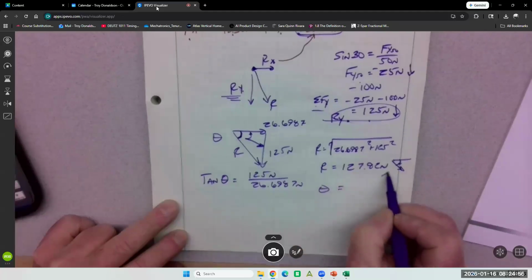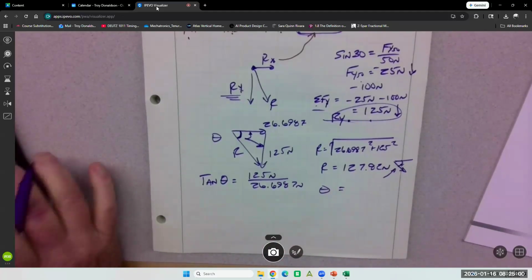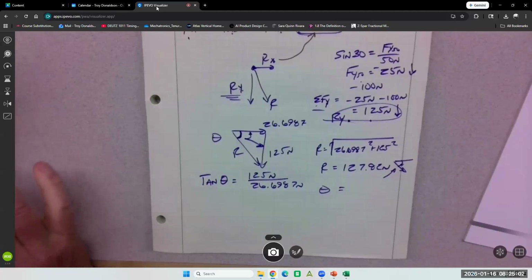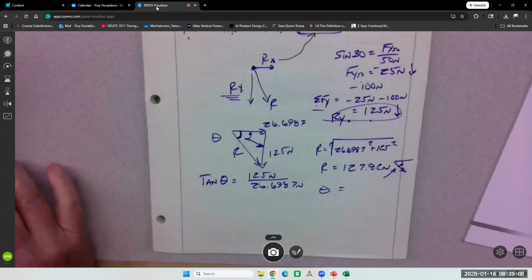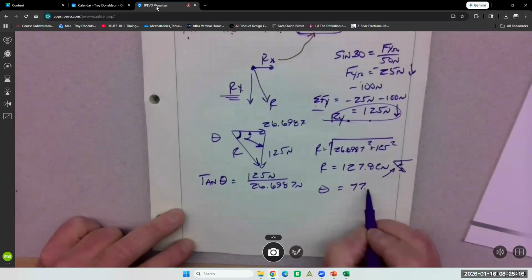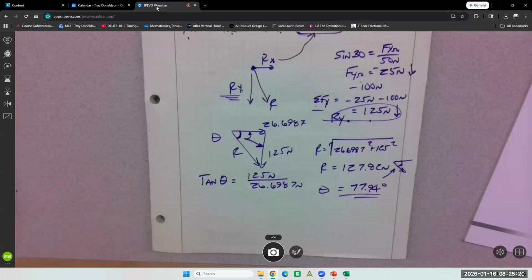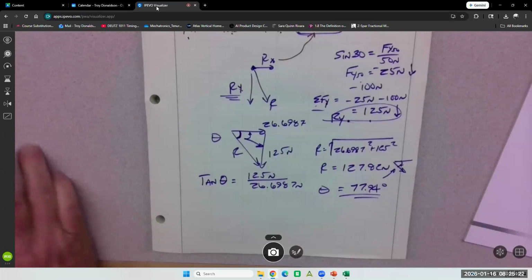That angle right there equals 77.94. So anytime we find a resultant, we have to find the angle.